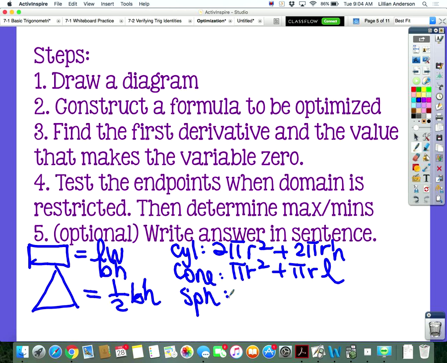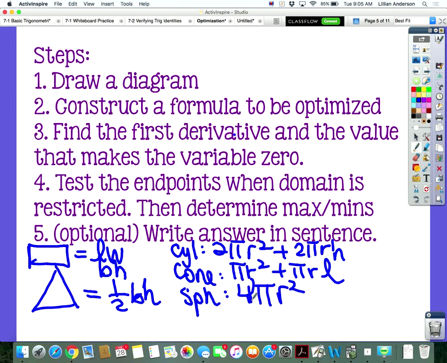There's a pi r squared in there. It is 4 pi r squared. That is the surface area of a sphere.